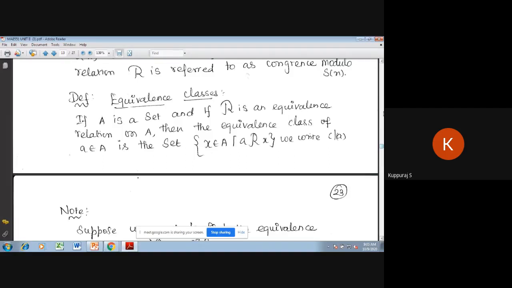So we write the class of a. An equivalence relation must satisfy three rules: the first is reflexive, the second is symmetric, the third is transitive. If the relation satisfies the three axioms, reflexive, symmetric, and transitive, then it is called an equivalence relation.